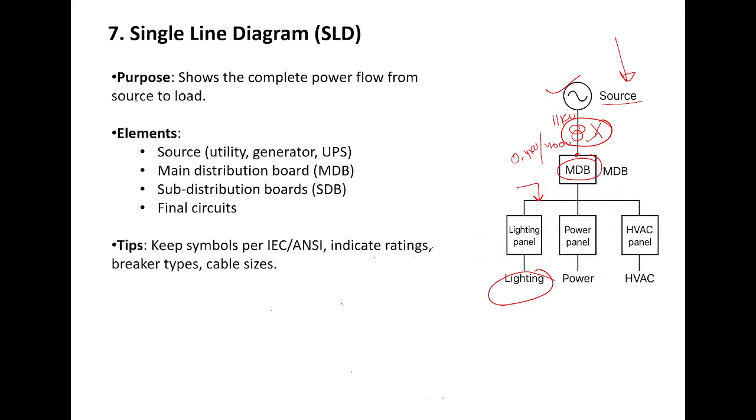The purpose is to show the complete power flow from source to load. The elements are the source from where you are getting supply, which is your utility or grid power, and you may also have generating equipment like a DG at your premises, so that will also be there.